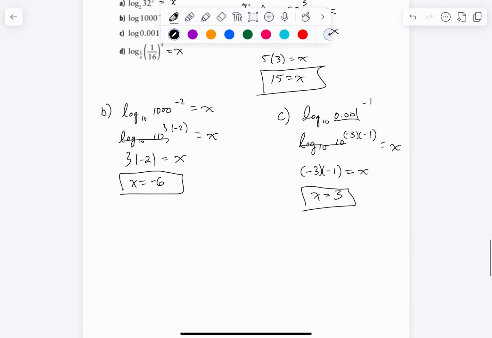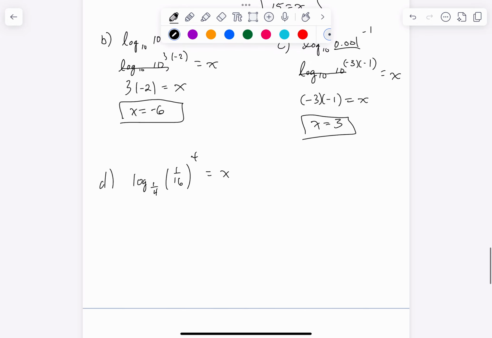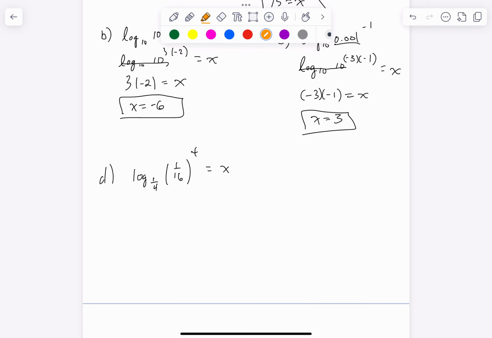Okay, one final one. Log base 1/4 of 1/16th to the power of 4 is equal to x. Okay, and so what I could do, this one's a little bit trickier, but same work. I'm trying to make 1/4 be the matching base there.